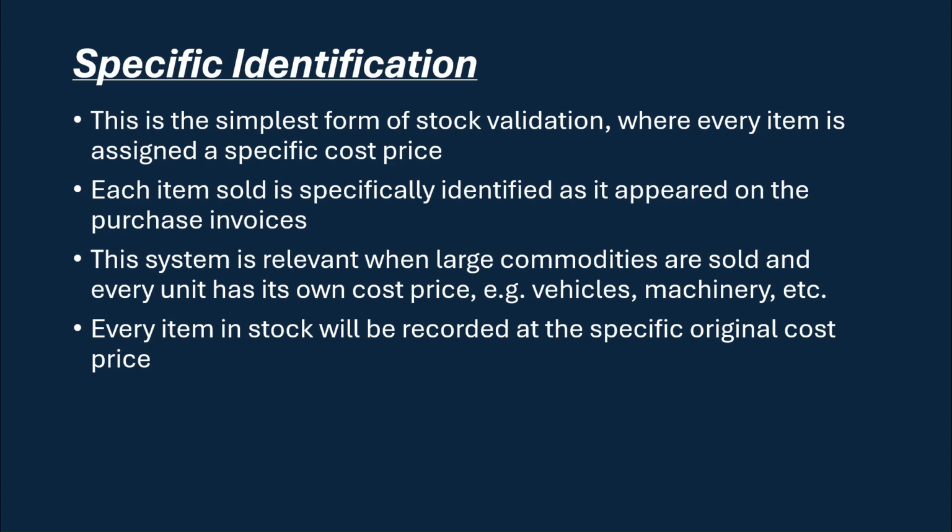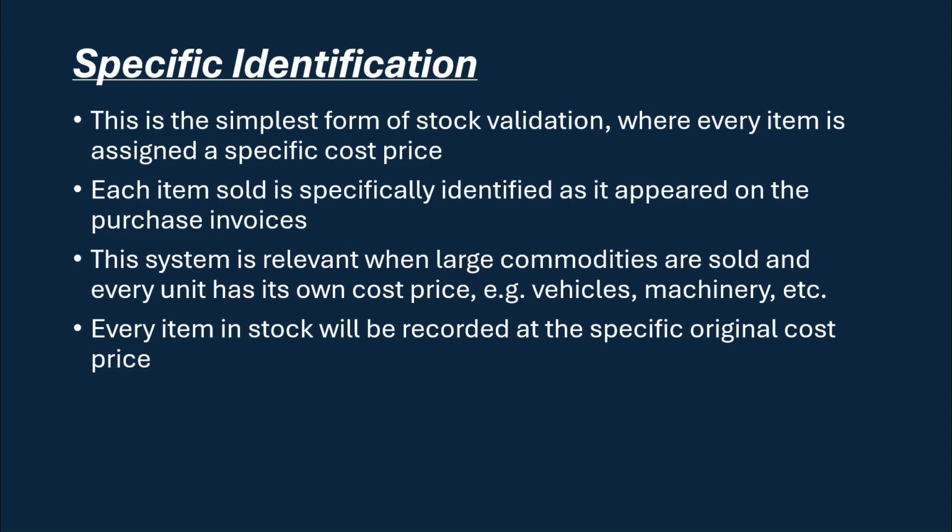Then each item sold is specifically identified as it appeared on the purchase invoice, right? So if you saw it for 500,000, it will be sold for 500,000. If it was seen for 1 million, it's going to sell for 1 million, right? So that's what they are saying there.